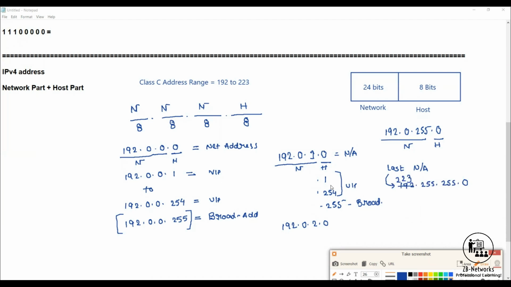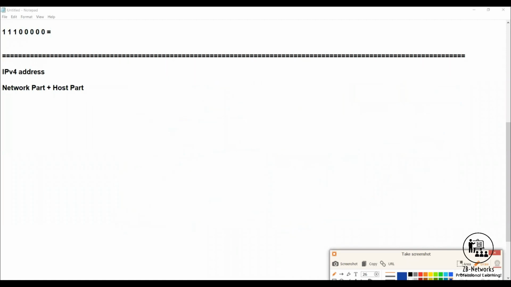You guys got the logic of how to represent a class C IP address. With this logic, let me write it down again for you. The class C range is 192 to 223, and the address starts like that: 192.0.0.0.